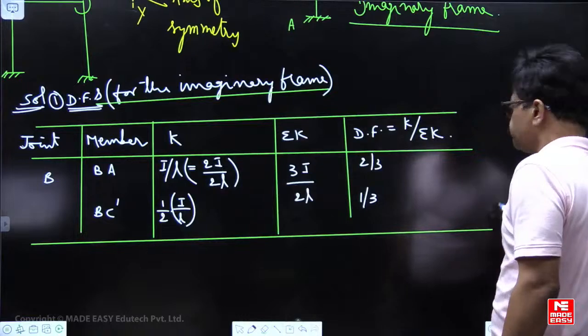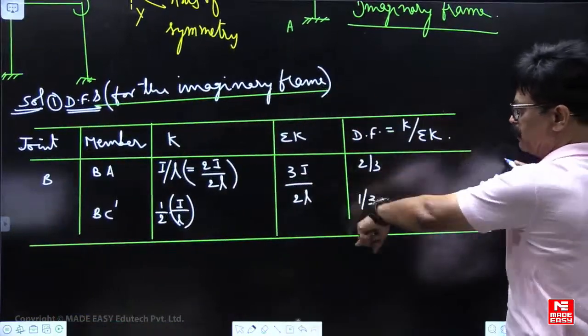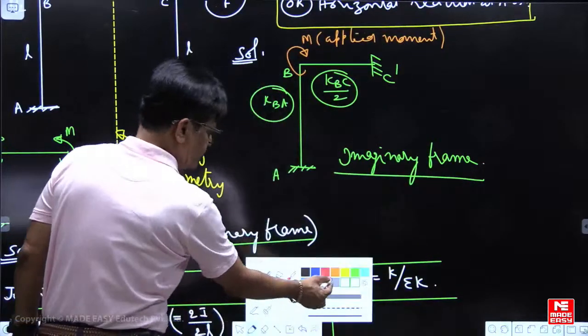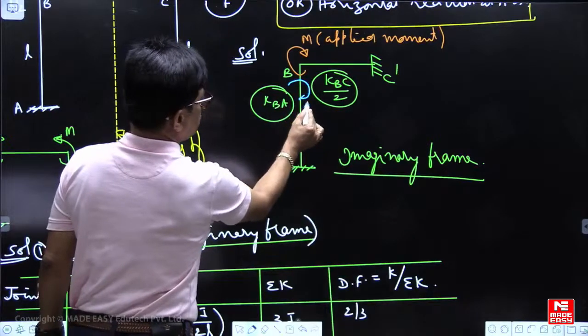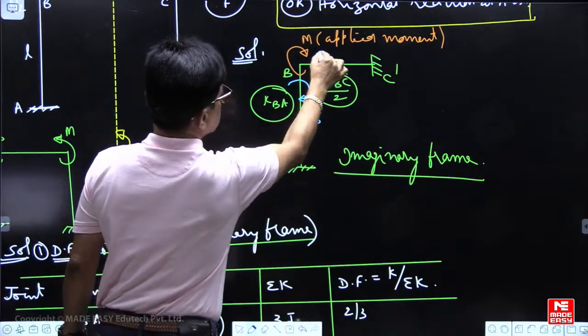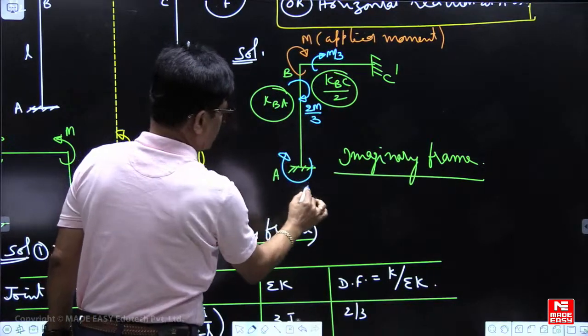So if I take that M and distribution factor for BA is 2 by 3, so here itself we can show that point. Out of M, this fellow will take 2M by 3. This fellow will take M by 3. Out of 2M by 3, half will be carried over.